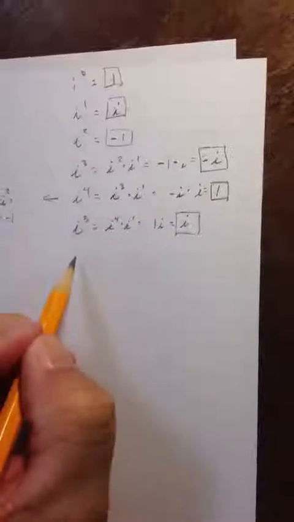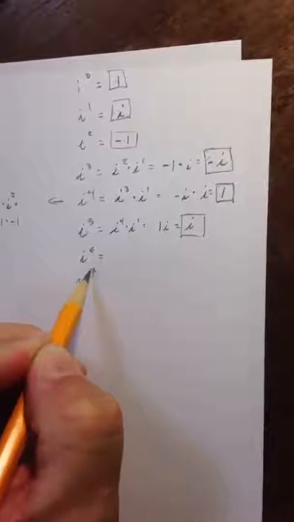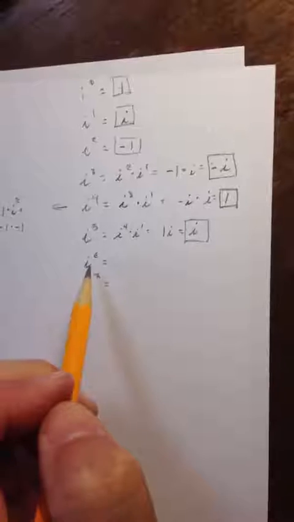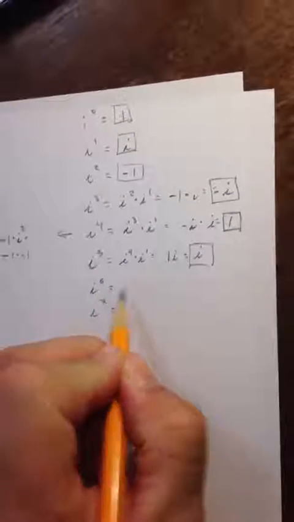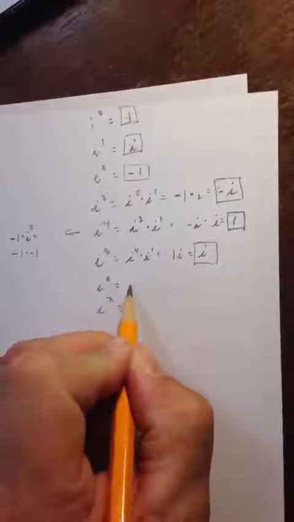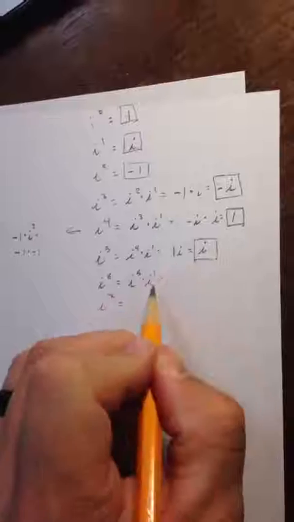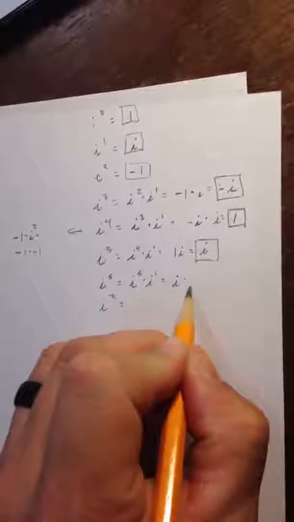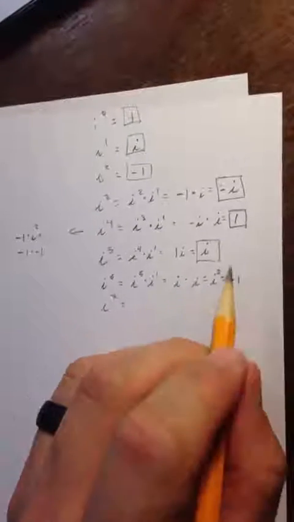I'll bet, let's do another one. Oh, heck, let's just do two of them, why not? I'll bet anything, I'll put money that i to the sixth is going to be a negative 1. Let's see. So if I say i to the fifth times i to the first, that will be i times i, which is i squared, which is negative 1.